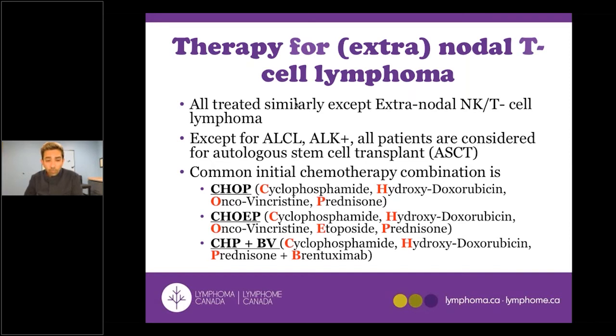What we know from my previous slide is that ALCL, ALK positive, has really good outcomes. So for those patients, chemotherapy is what is required. But for all other patients, after the initial chemotherapy, we do consider autologous stem cell transplant, which is where we harvest stem cells from the patients themselves and then give them back to the patient after giving them more aggressive therapy after their initial chemo.